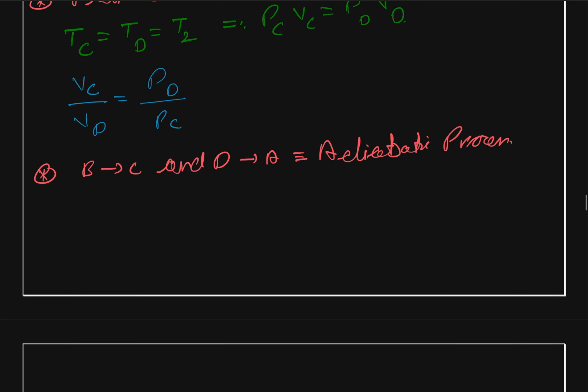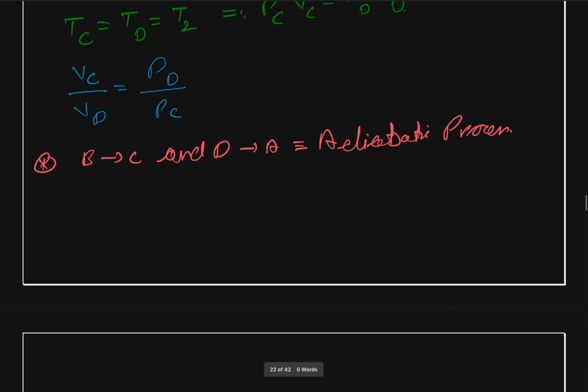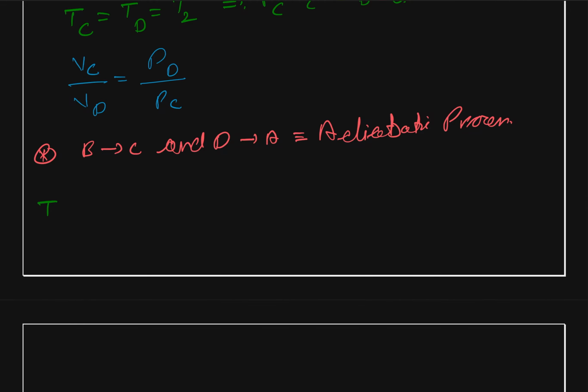Therefore we can use that T multiplied by V gamma minus 1 is equal to constant. And so we have two paths.